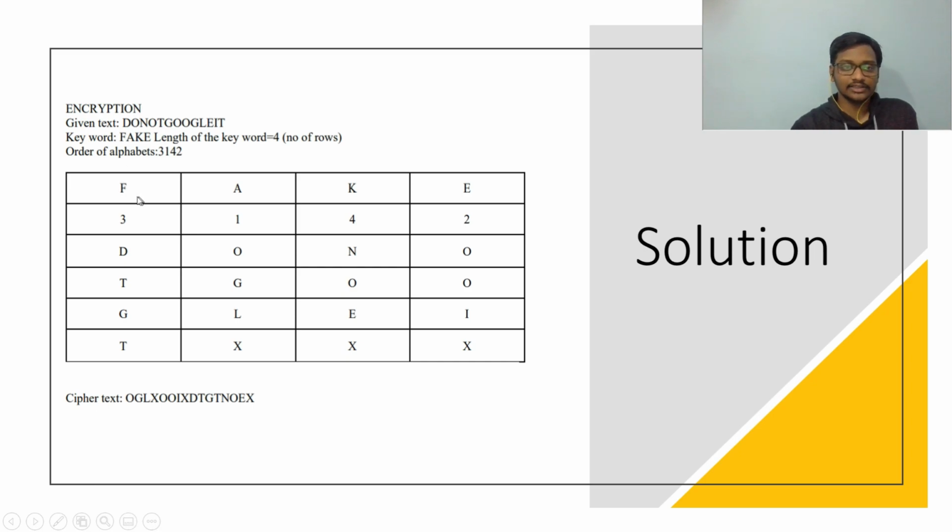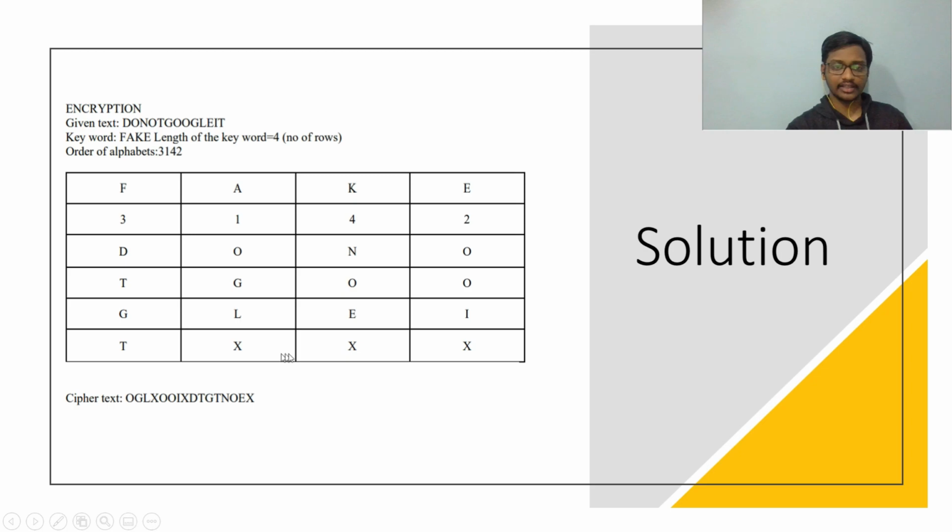Arrange the key like this and arrange the order 3, 1, 4, 2, which is given to the key based on alphabetical order. Next, arrange the plain text row-wise: do not Google it.